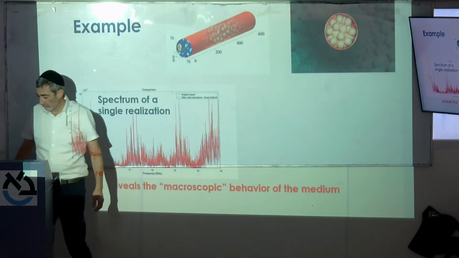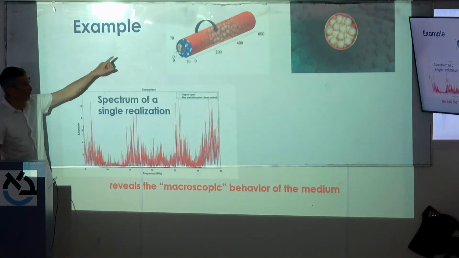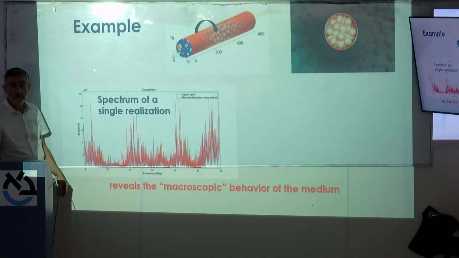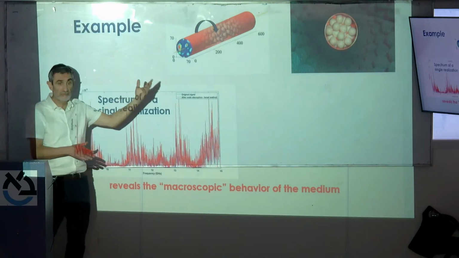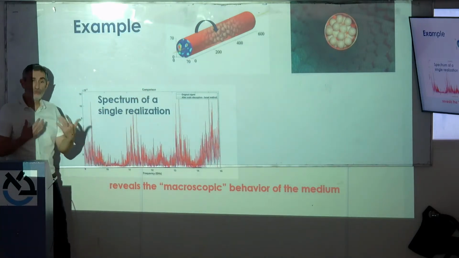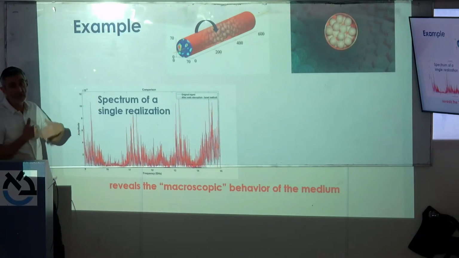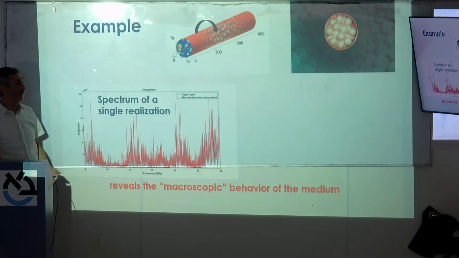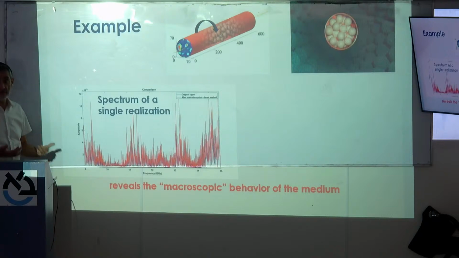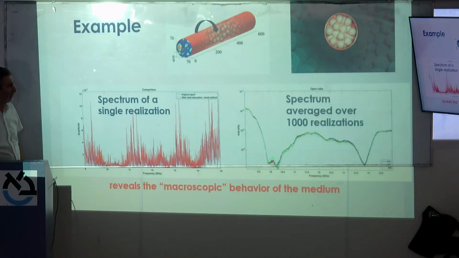So what can you do? You can tumble the tube, you can rotate the tube. By doing that, you change the position of the scatterers. You make a new measurement, then you tumble the tube again, make another measurement, and you can do ensemble averaging over many configurations. That's what you get for 1000 configurations: the same spectrum averaged over 1000 configurations.